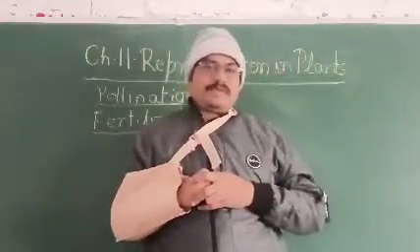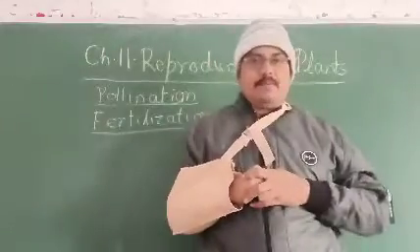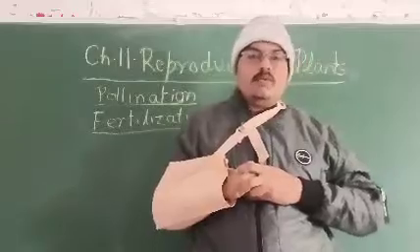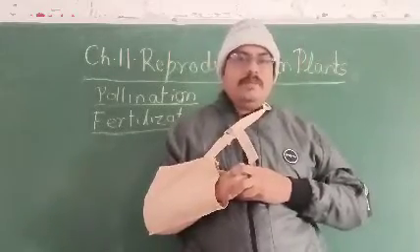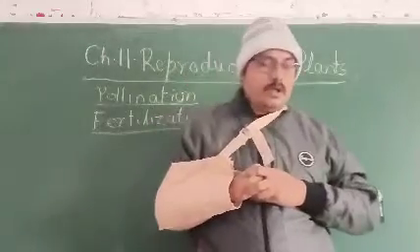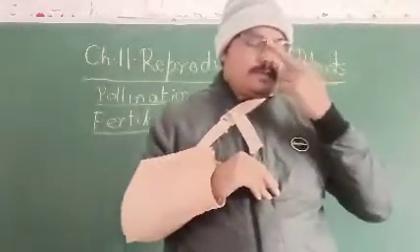The ovule which is present inside the ovary takes the shape of internal seeds, and the ovary present above the ovule converts into the fleshy fruit. So, the formation of seed and fruit.